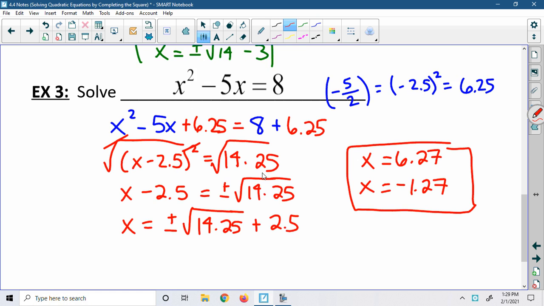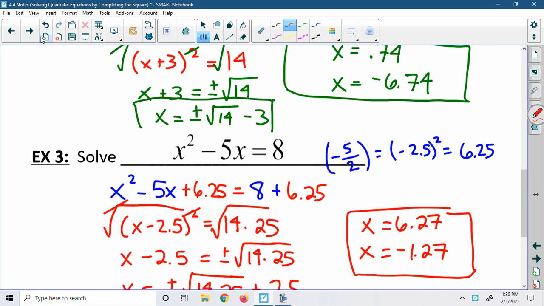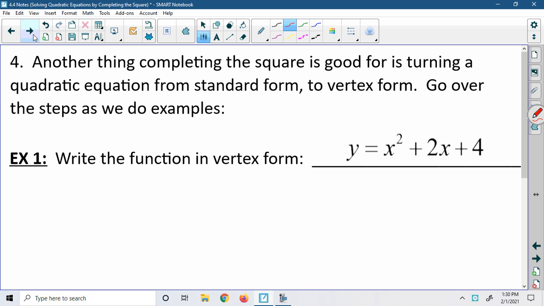I had one more example, but just to keep the video to a decent length, let's skip it and go straight down to number 4. Another thing completing the square is good for is turning a quadratic equation from standard form to vertex form. Go over the steps as we do some examples.